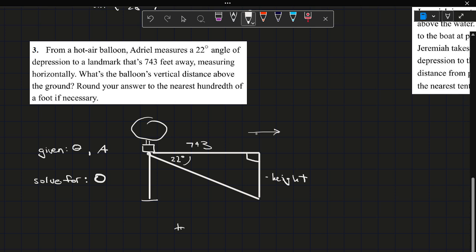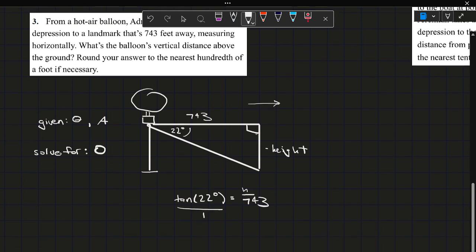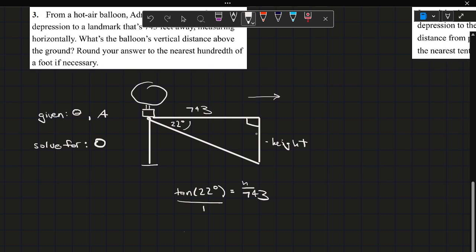So when we set this up, we have tangent of 22 degrees, since we have theta, is equal to opposite, or we'll just put height here, over adjacent, which is 743. Like we did in class, do this over 1, and we'll have the butterfly method. So when you cross multiply, we have 1 times h is h, and tangent of 22 degrees times 743 is our answer.